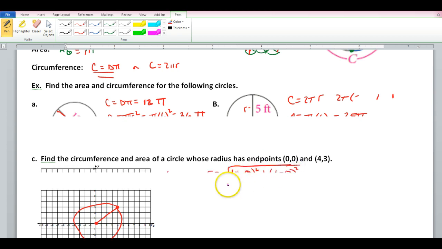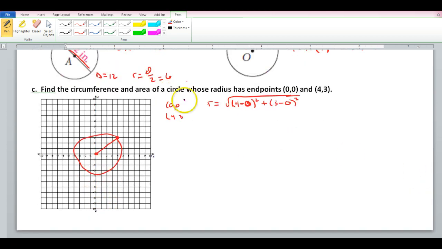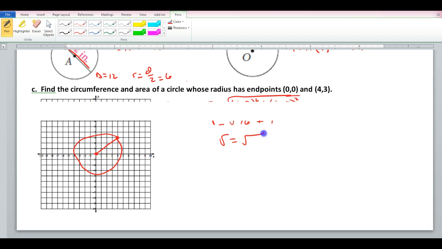That would give you 16 plus 9, and the radius would be the square root of 25, which is 5.